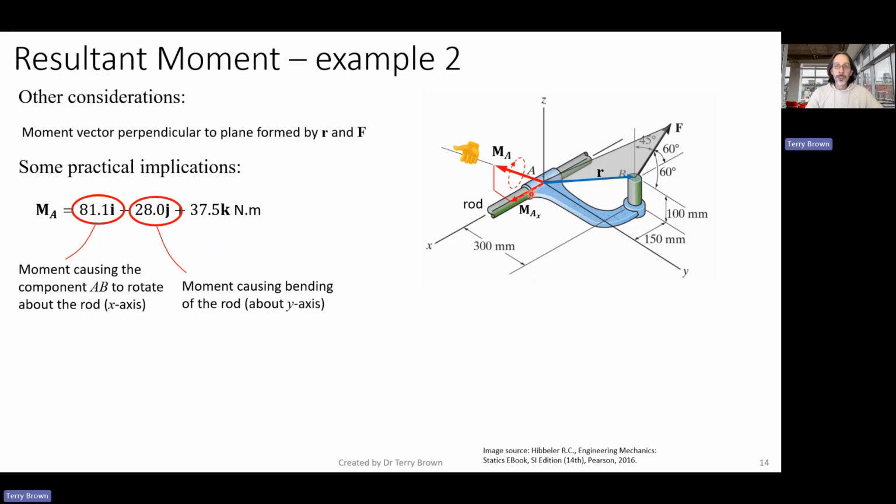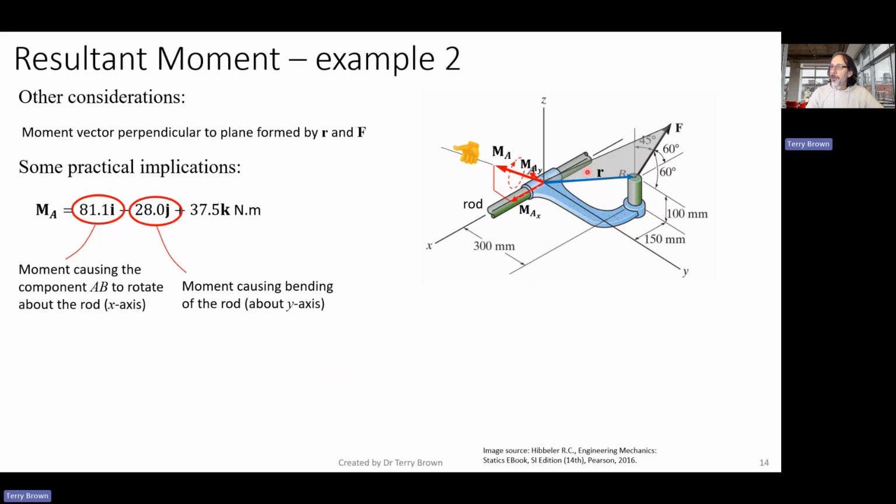When you're designing this, you'll need to design the diameter of this rod to be able to cope with that bending, and you have to calculate the stress due to bending, which we'll do later on in this subject.